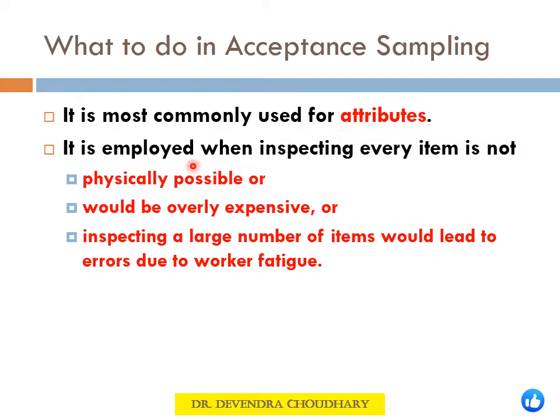Acceptance sampling is used to monitor the quality of raw material, purchased parts, or finished products before supply, when product testing is destructive, time consuming, and expensive.